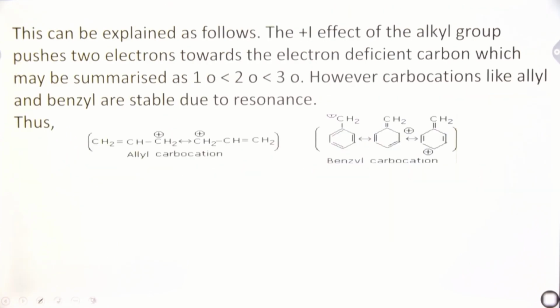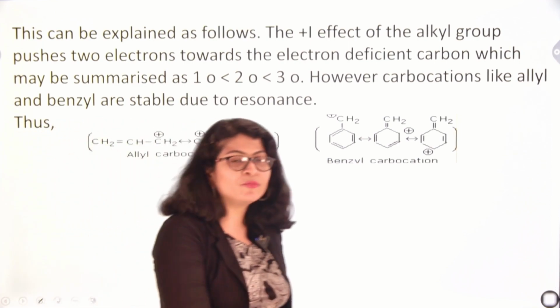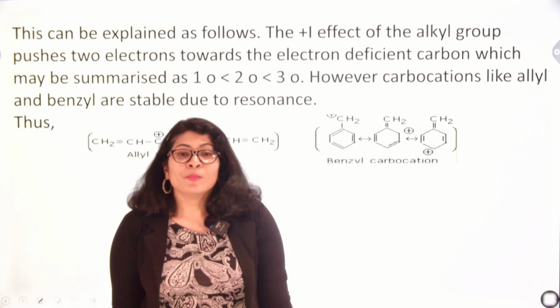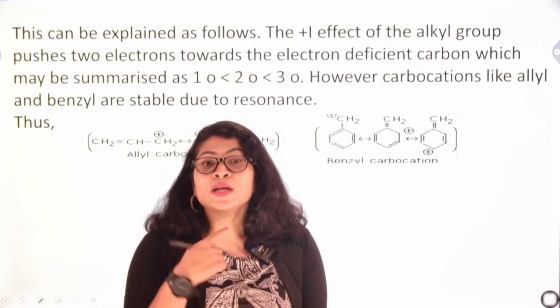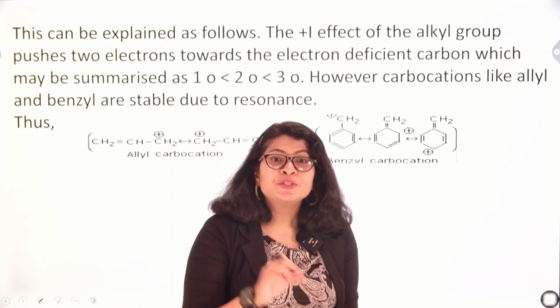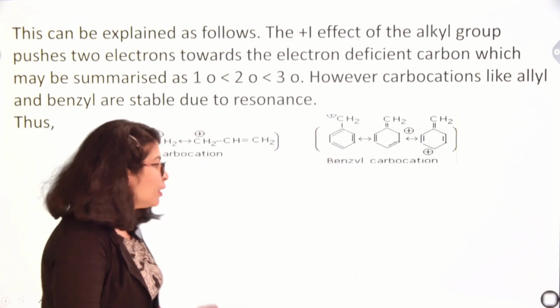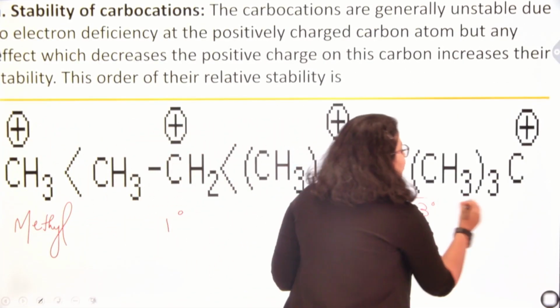Why so? This can be explained as, first of all, we'll start with the inductive effect. Now, methyl group shows a positive inductive effect. That means it is a donating group. It donates electron density to the deficient carbon atom, right? So if I see the tertiary structure, there are 3 methyl groups attached to the carbon atom.